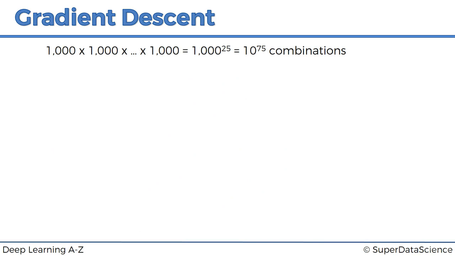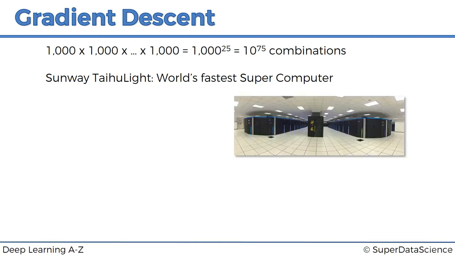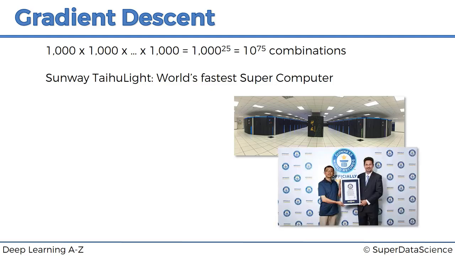Now let's see how Sunway TaihuLight, the world's fastest supercomputer as of June 2016, would approach this problem. It looks like this. It's pretty much a whole huge building for this one supercomputer, and it got the Guinness World Record for being the fastest supercomputer.